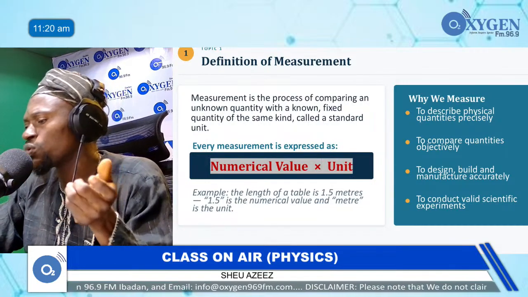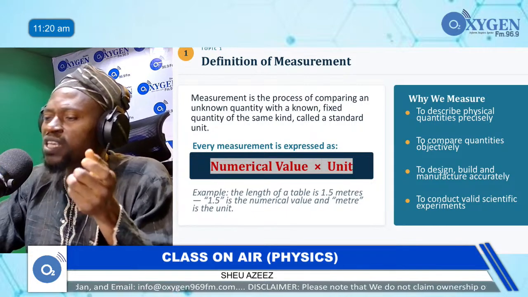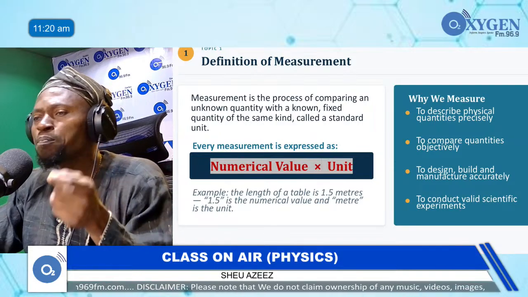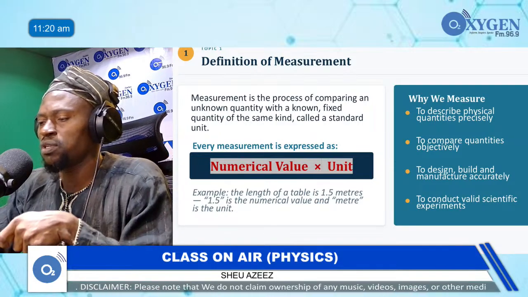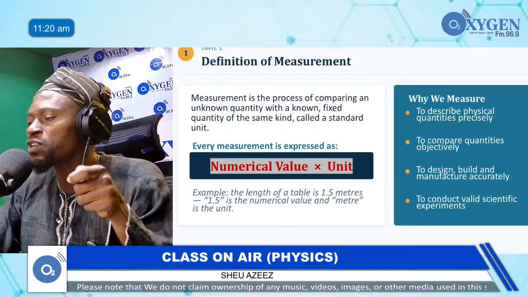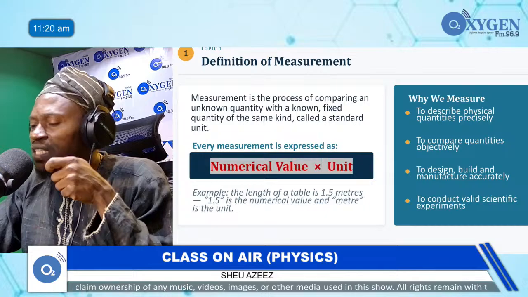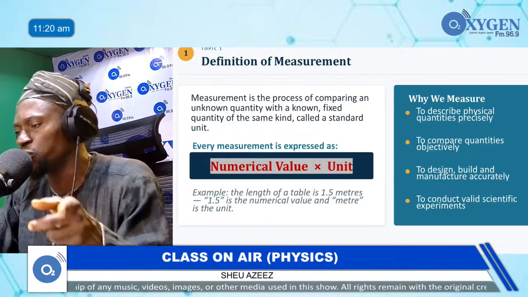So what do I mean by that? Let's give some examples. When we have 1.5 meter, that means 1.5 is the numerical value and the meter is the unit.